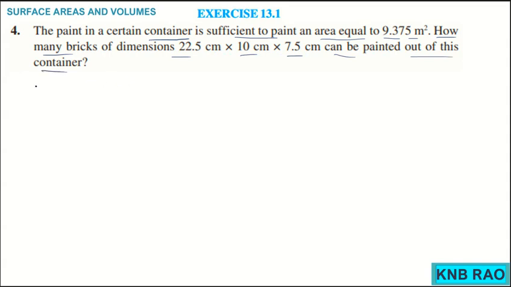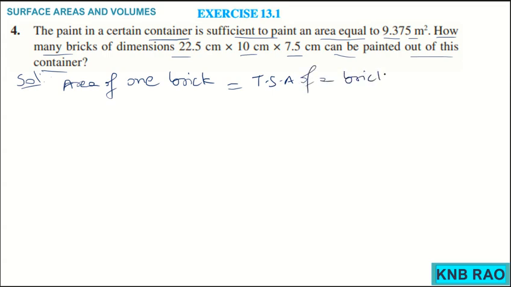Okay. As a part of the solution here, children, first and foremost, let us find the area of one brick, which is nothing but the TSA of a brick. A brick is in the shape of a cuboid.